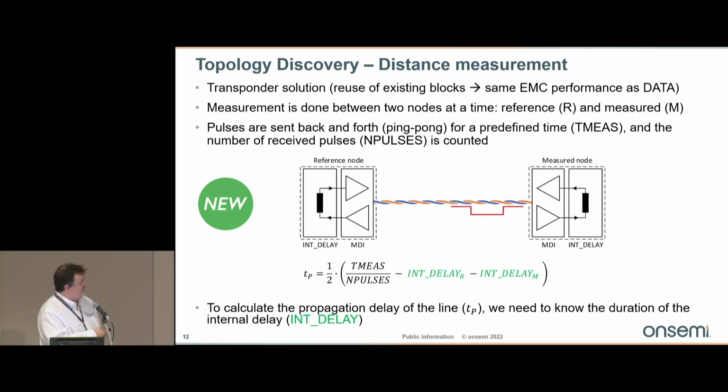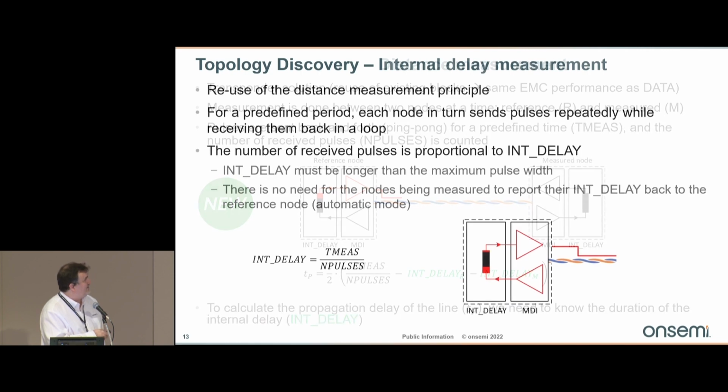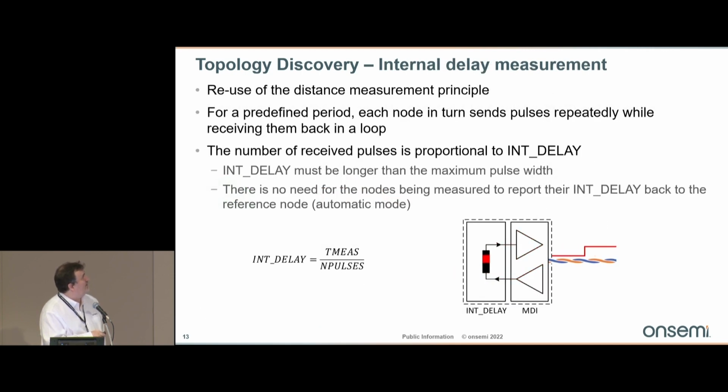So for this reason, the idea is that you reuse the same mechanism, and you have a kind of calibration phase of this topology discovery, where a single node will transmit pulses and will receive the transmitted pulse closed on itself in a loop.